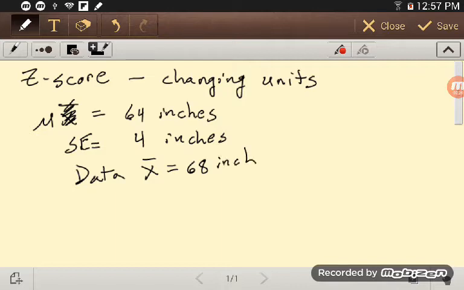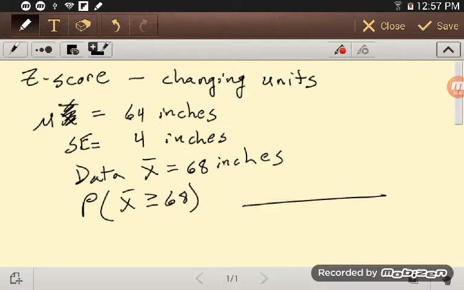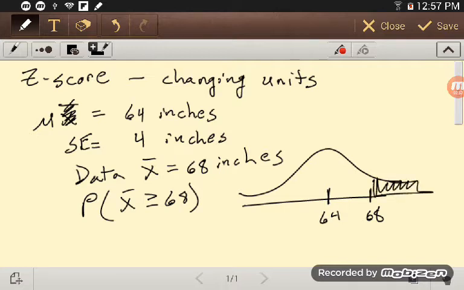What I would like to know is the probability that X bar is greater than or equal to that 68. So the picture is that here's 64, here's 68, and I would like to know how much of the population is over there.